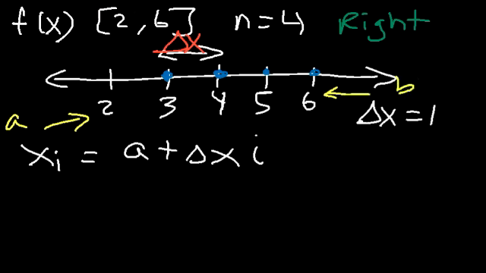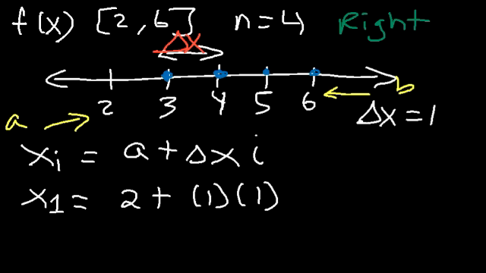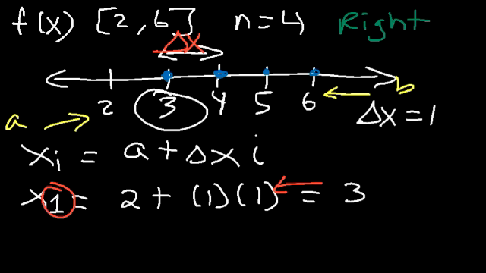But we really don't need b for this example. So let's start with x1. Let's replace I with 1. So the first point, x sub 1, is going to be a, which is 2, plus delta x, which is 1, times 1, since I is 1. Whatever this subscript is, it's the same as this number. So this is basically 2 plus 1, which is 3, and we get this point.